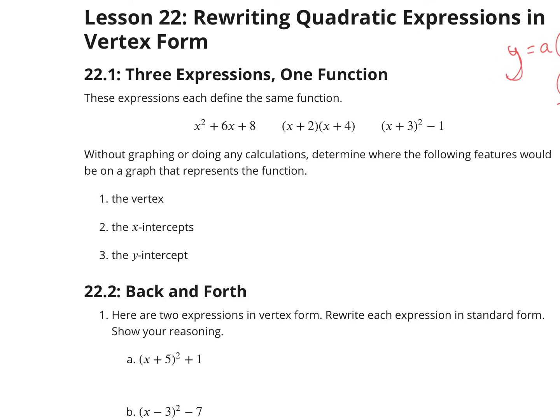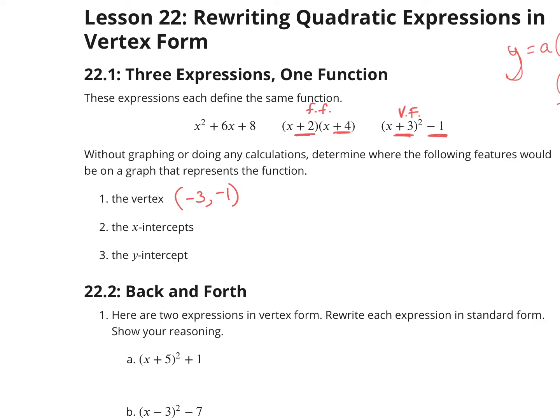So to determine the vertex, I'm going to look at the one that's in vertex form, which is the last one. Remember, I'm going to do the opposite of what's inside the parentheses, so that's -3, and then the same as what's outside the parentheses, which is -1. So my vertex is going to be (-3, -1). For my x-intercepts, I'm going to look at factored form, and I'm just going to take the opposite of these.